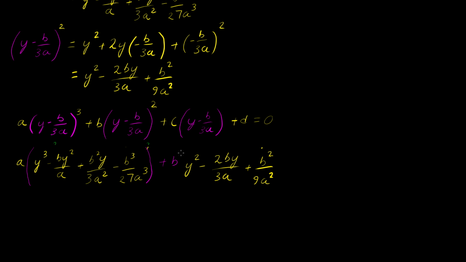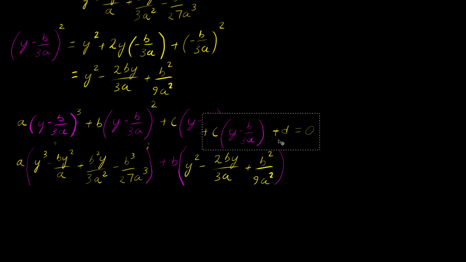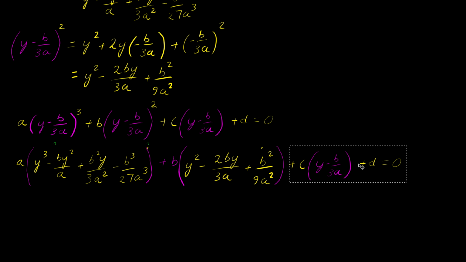And then we're going to have plus c times y minus b over 3a plus d is equal to 0. So I'm just going to copy and paste that. And so this is what we're left with once we expand everything out. So this is what it all simplifies down to once we expand it out.